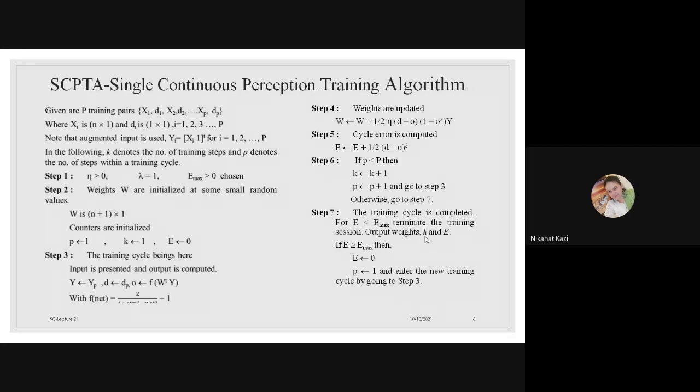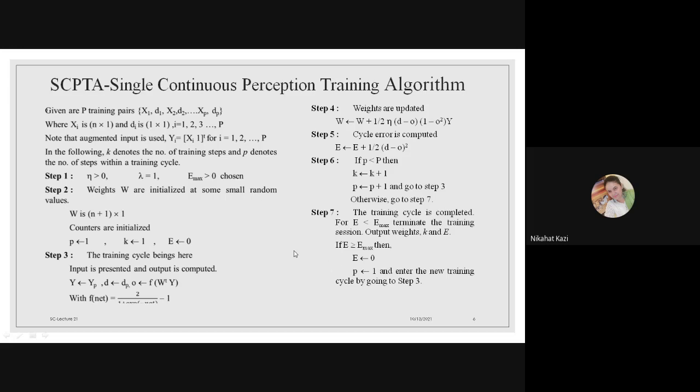Okay, and once this is done, this is the case when the cycle is complete, I mean, when the error has reduced below the threshold that you have set. And if it is not the case, if your computed cycle error happens to be greater than the threshold, then you continue with this process.